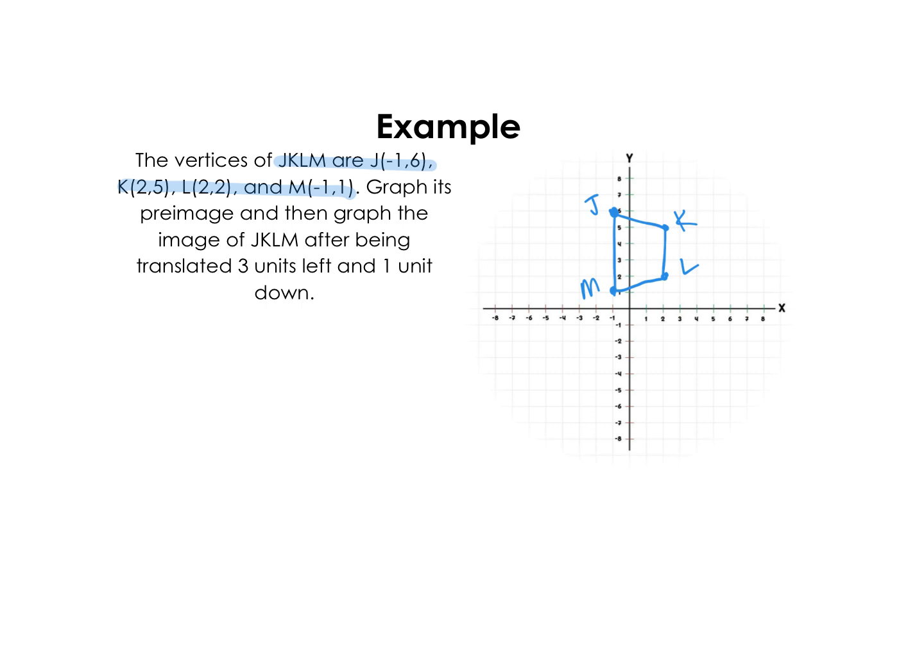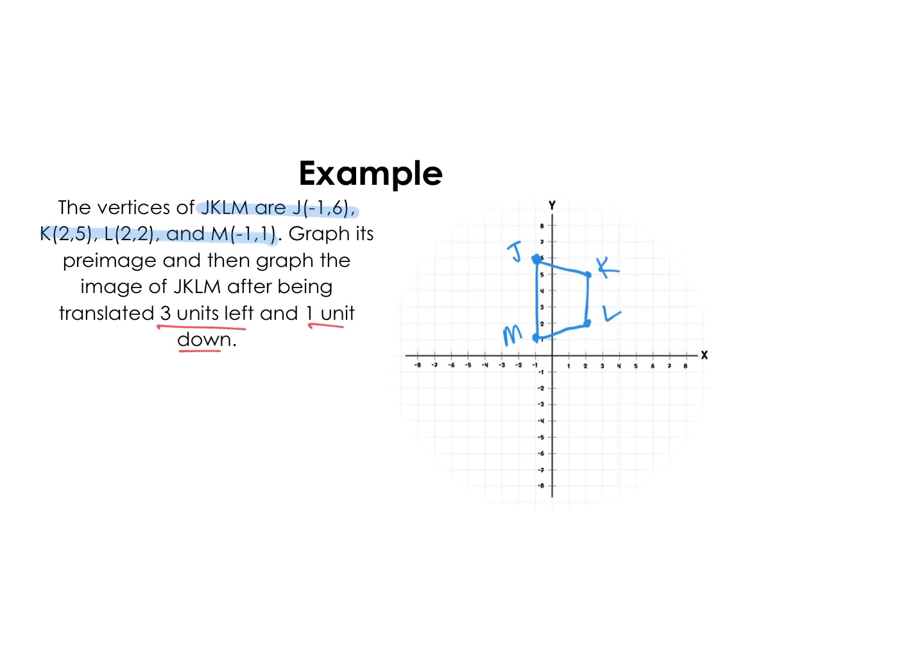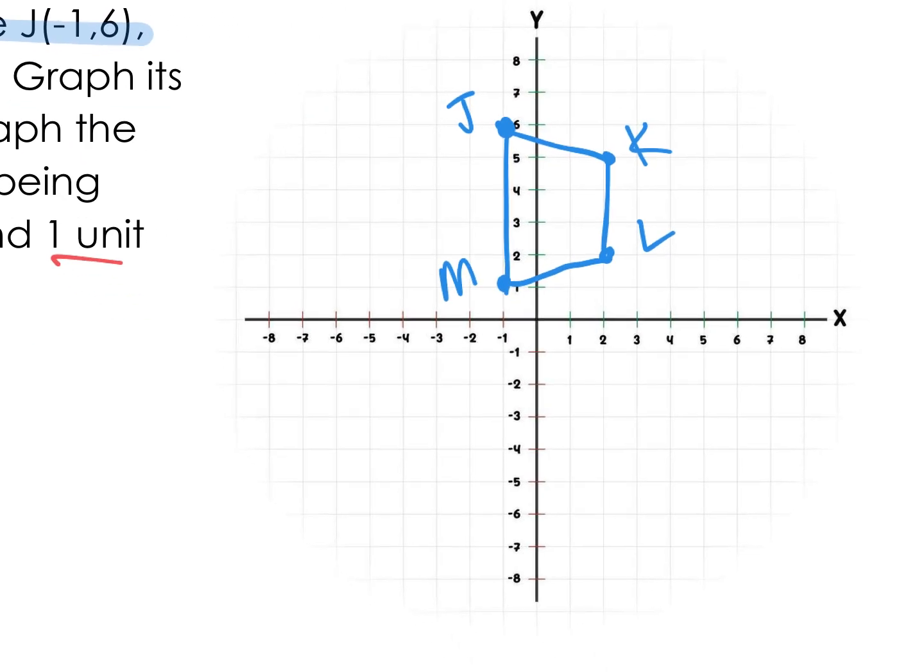So this one is saying the image JKLM is going 3 units left and 1 unit down. So from every single point that we have, if I zoom in here, we're going to count to the left, 1, 2, 3, and down 1. And this is your new point, or J prime. I'm going to do M now. We're going 1, 2, 3, down 1.